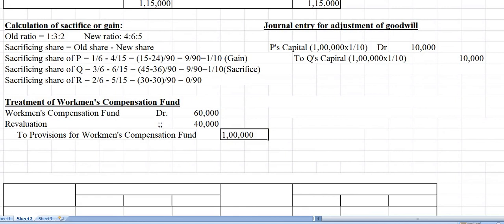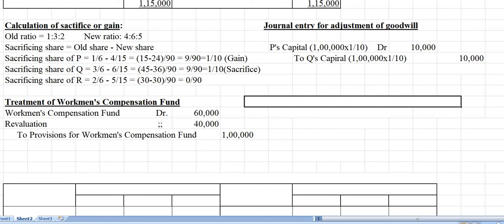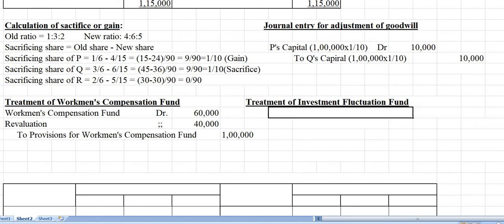Okay. Then another adjustment was investment fluctuation fund. So we are going to see the treatment of investment fluctuation fund also. Its calculation and the journal entry is like this. Total investment fluctuation fund we had, how much we had?